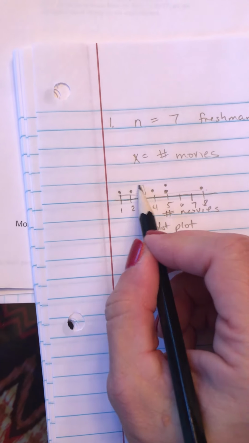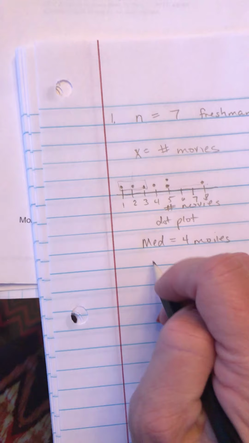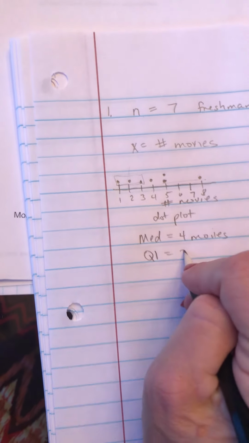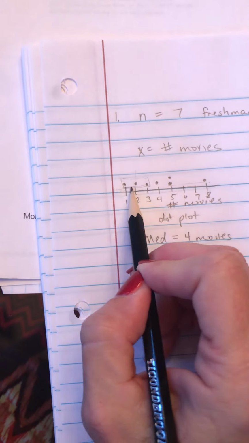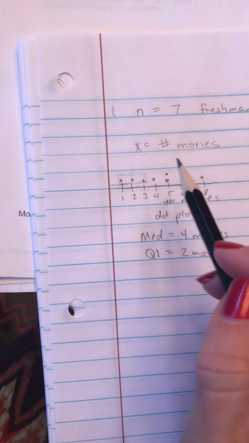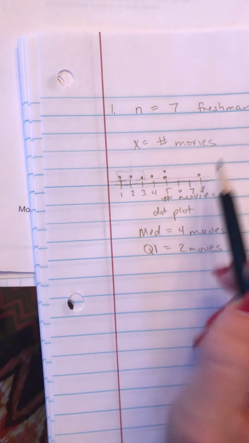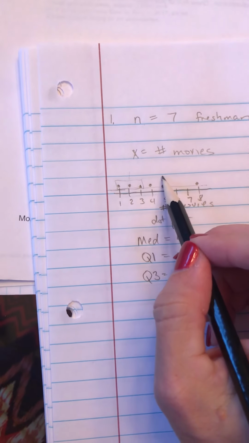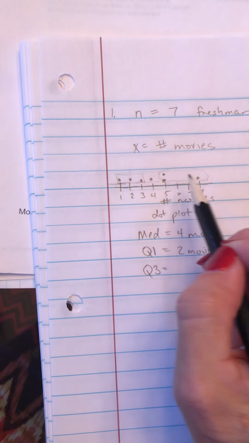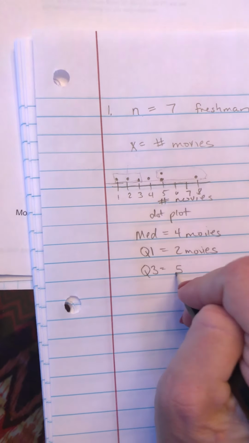Cutting this lower half into half, the first quartile would be 2 movies. So 25% of the observations are below 2, 75% are above. The third quartile would be the upper half, cut in half, so that would be 5 movies as well.